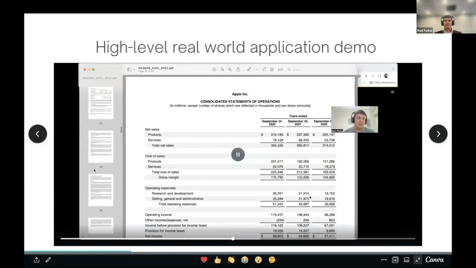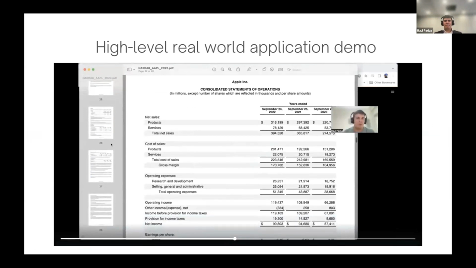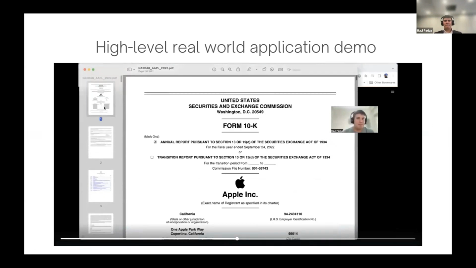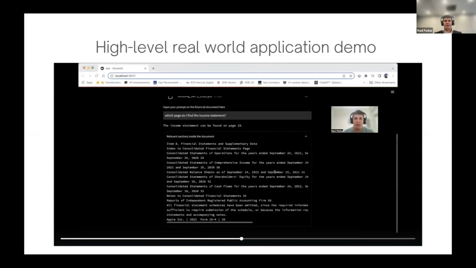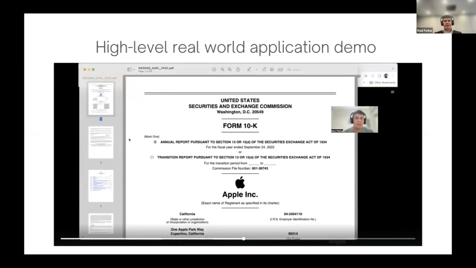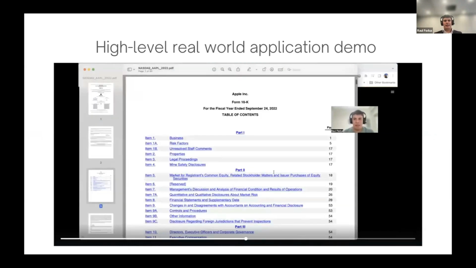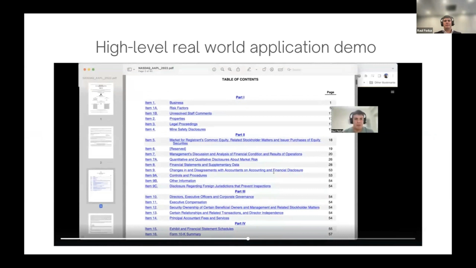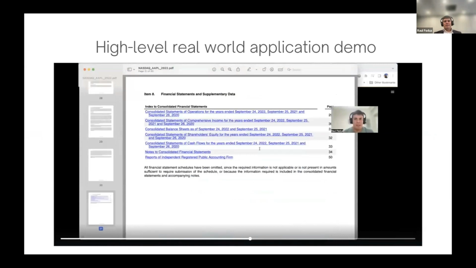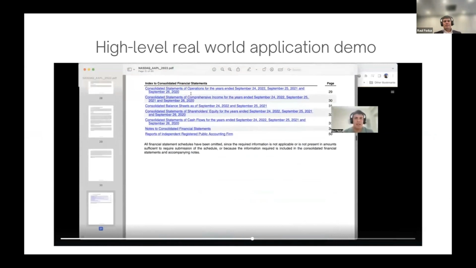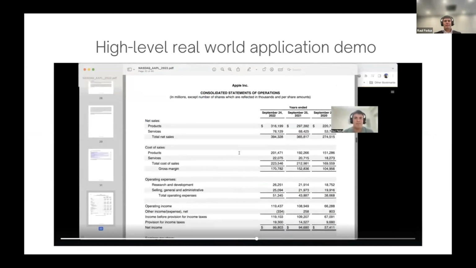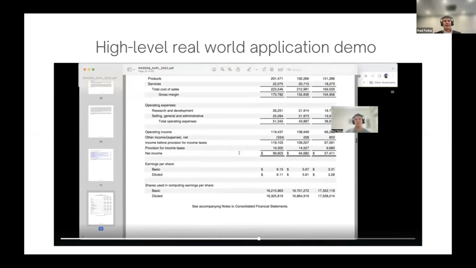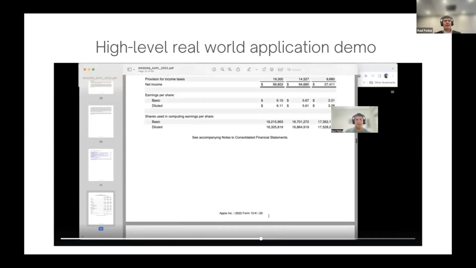Here we have Apple's 10K, and the model answered it was on page 29. So going to financial statements, page 28, and in page 29, consolidated statements of operations, the income statement. So the model was correct. It retrieved from page 29, as I'm highlighting here.